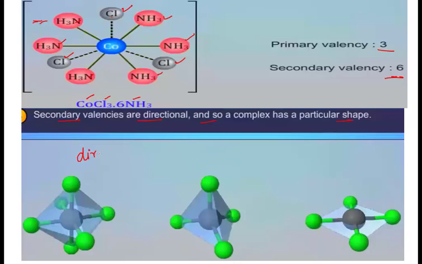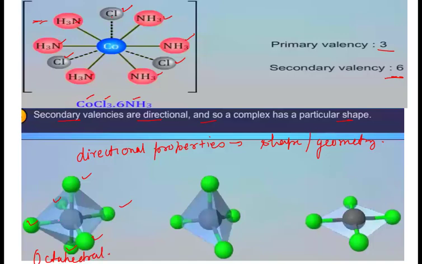Due to these directional properties, the complex has a particular shape or geometry, right. For example, in this case, 1, 2, 3, 4, 5, 6. So there are 6 secondary valencies. So for 6 secondary valencies, the shape or geometry will be octahedral.